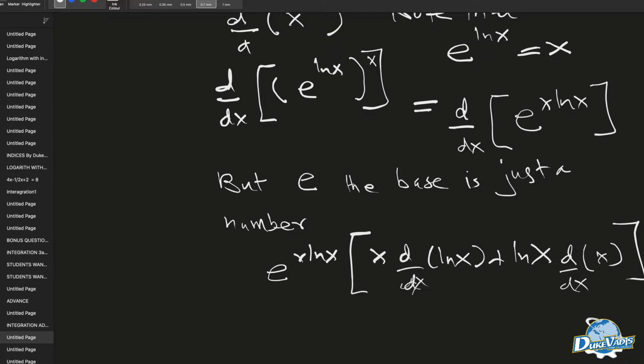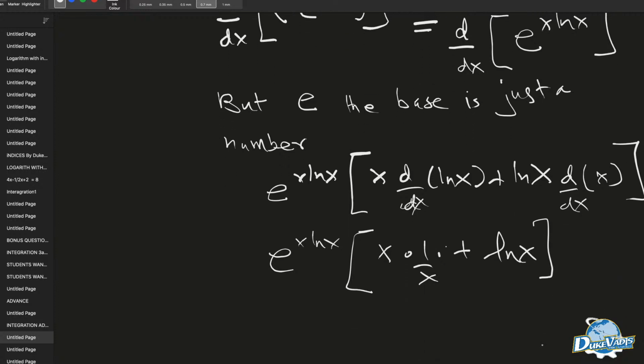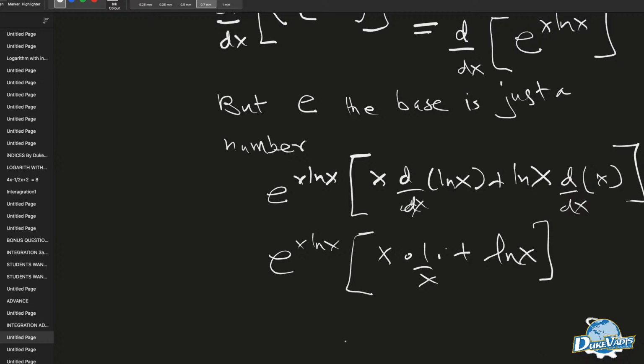Applying the product rule, this expansion gives us e raised to the power x natural log of x, into bracket. When we differentiate, this is 1 over x times x, plus natural log of x. So this will be e raised to the power x natural log of x, into bracket 1 plus natural log of x.